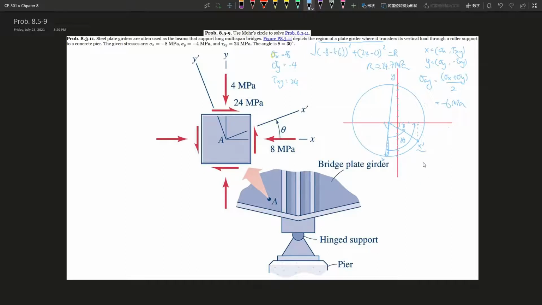So it's going to be the inverse tan of 24 over 2. The opposite is 24, and from here to the middle is 2, because this is -8 and this is -6.